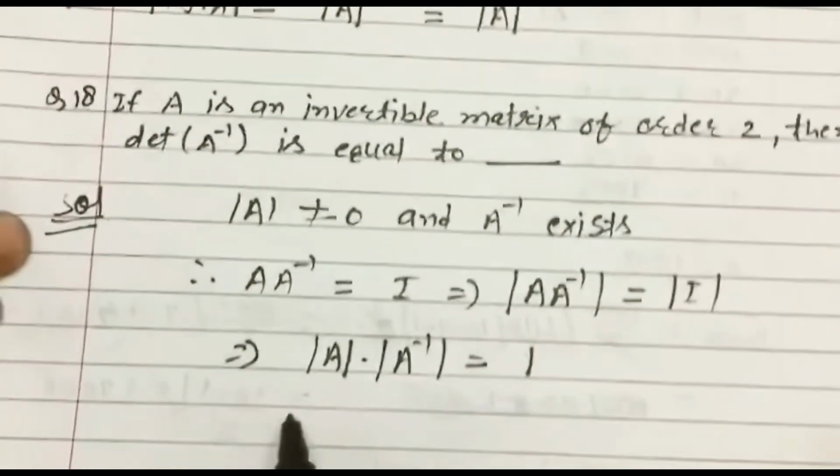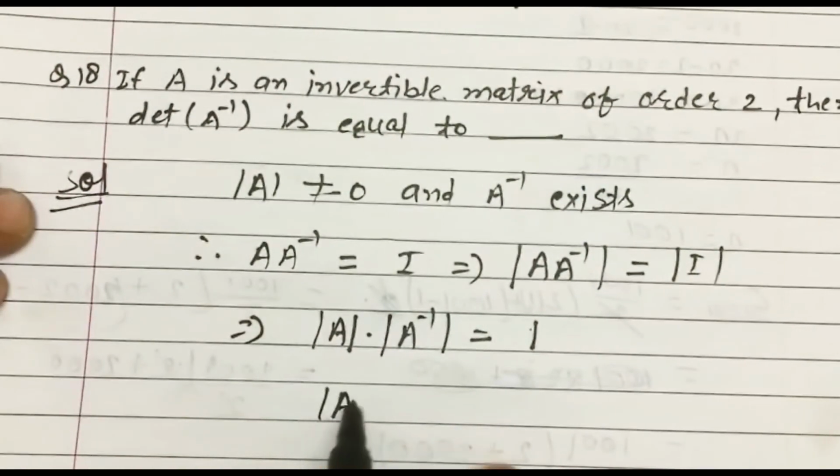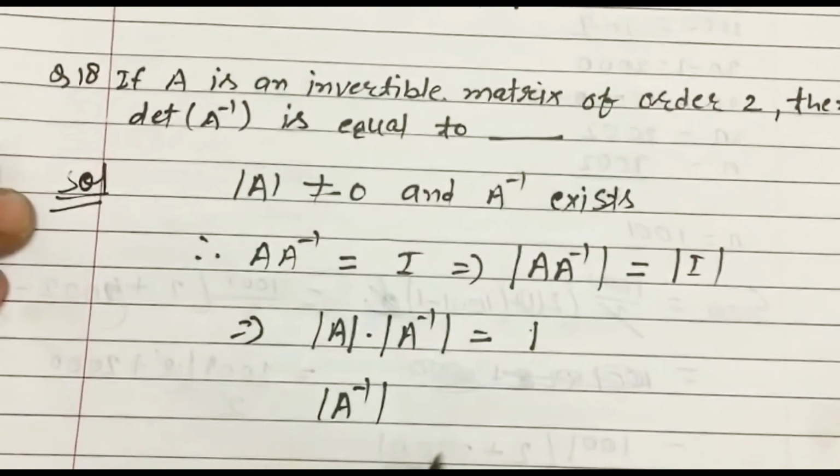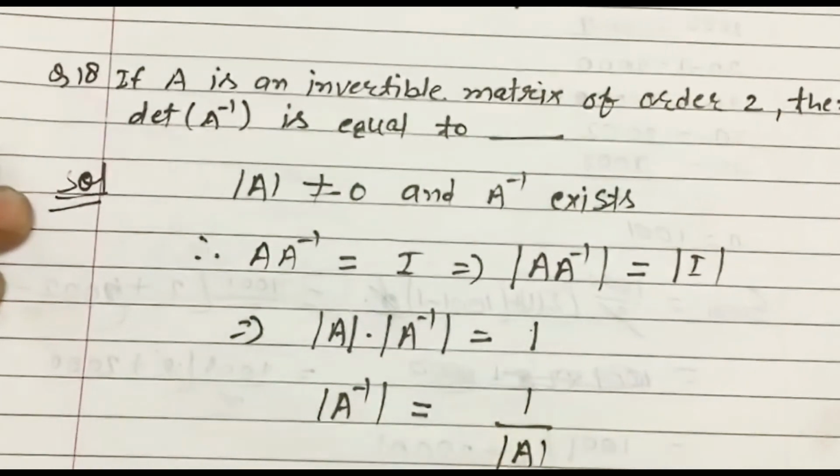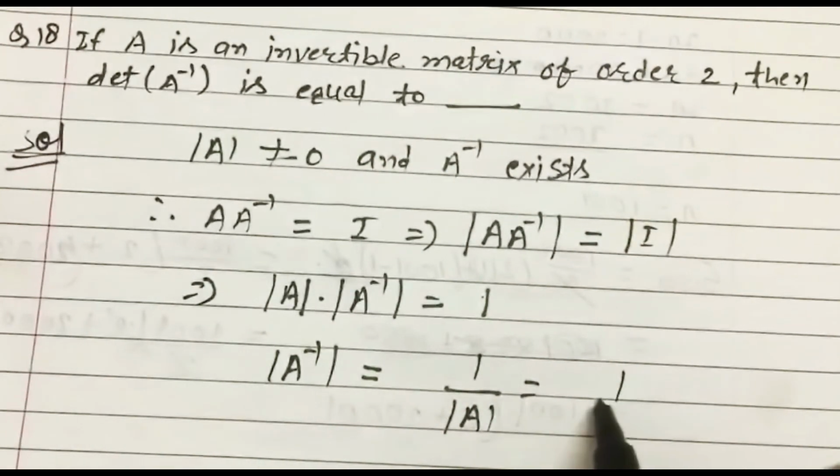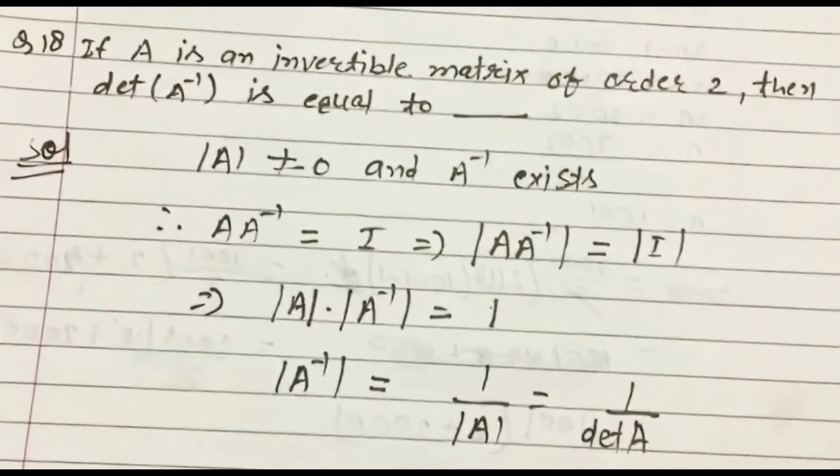And now we have to find determinant of A inverse, so it is 1 upon determinant of A, so answer will be 1 upon determinant of A. Okay, now this exercise ends here.